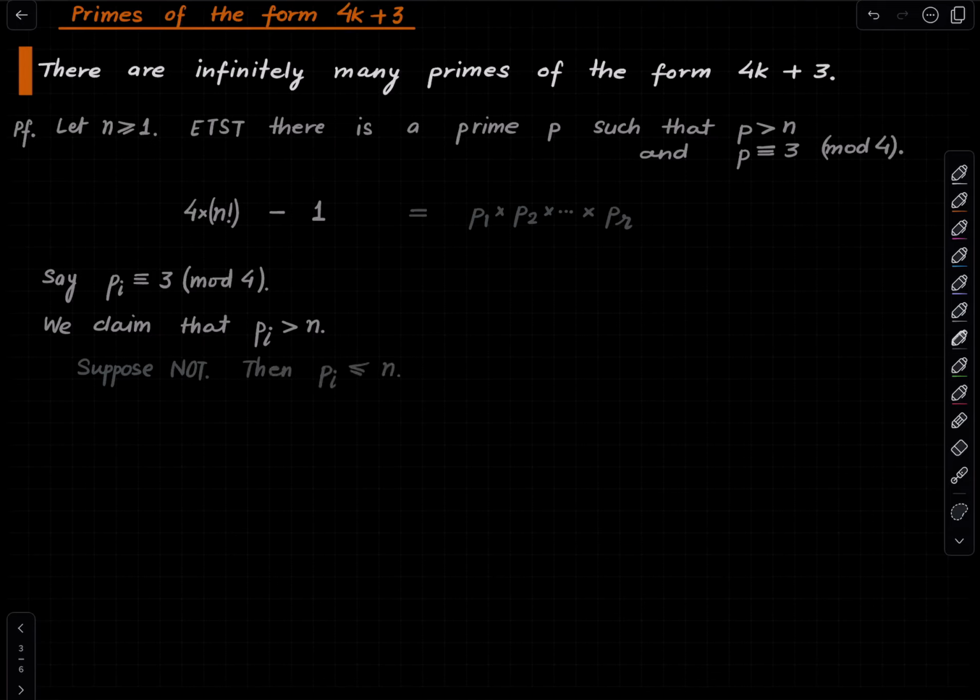It divides this simply because it divides the right hand side, but it also divides 4n factorial. So it divides their difference, and we see that pi divides minus 1. But that's a contradiction, because pi is a prime. This would mean that pi were equal to 1. So pi is greater than n.